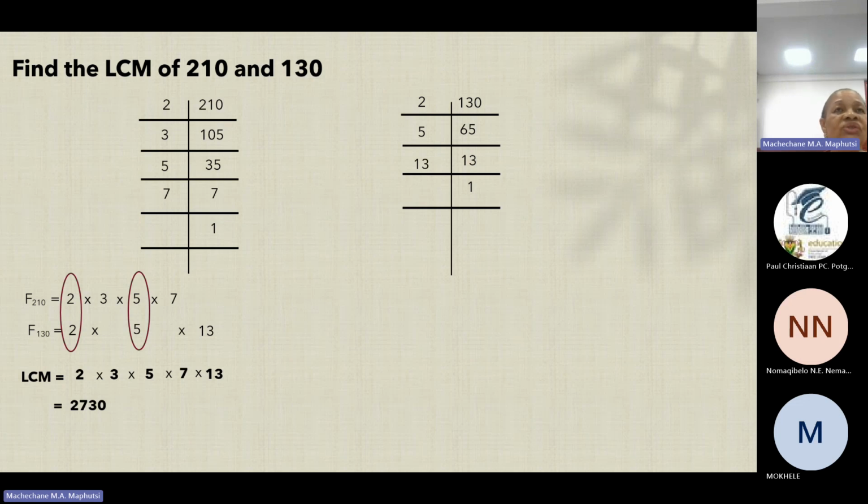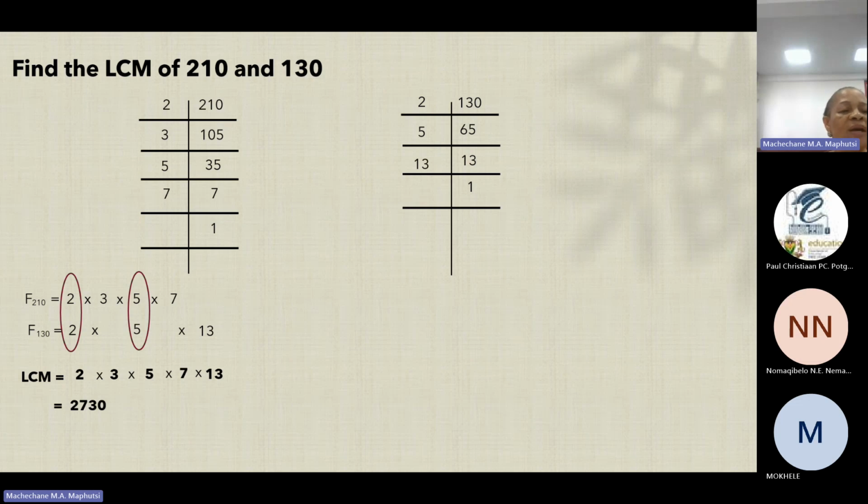Like I indicated, try to put the common prime factors below each other so that you can group them. Because as you have seen with the highest common factor, the factors that occur in both lists must be taken once.